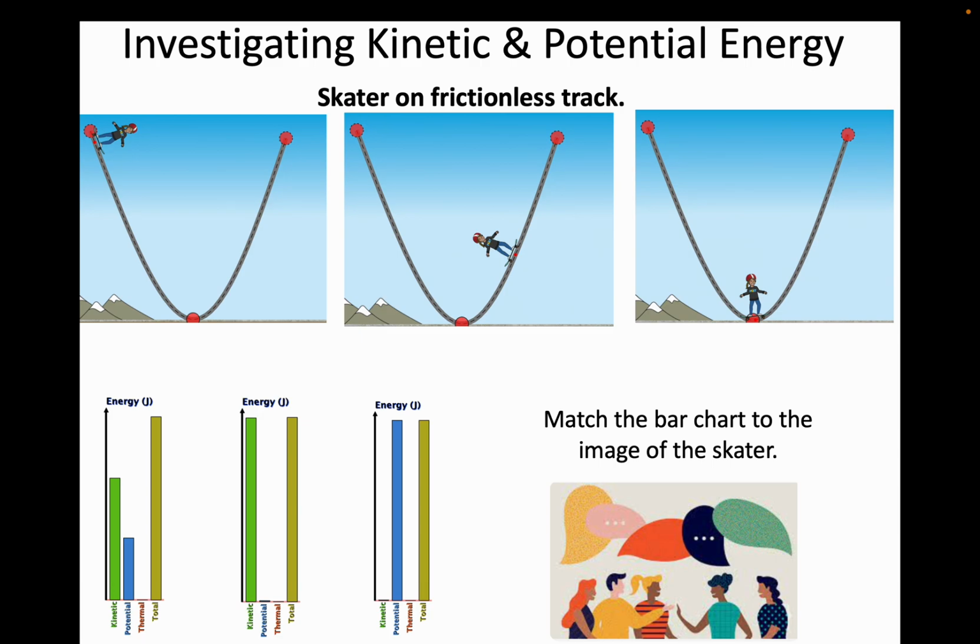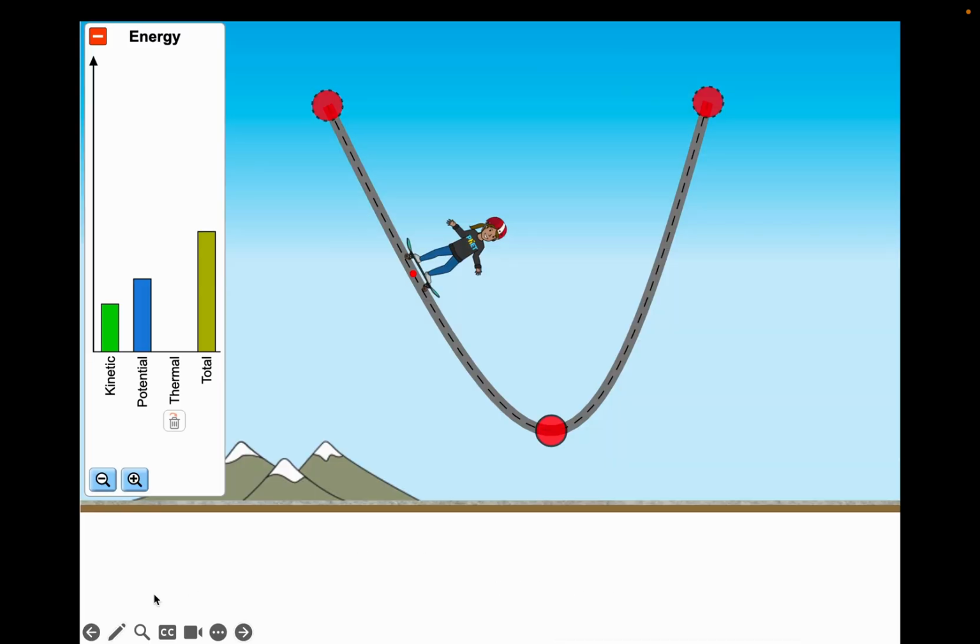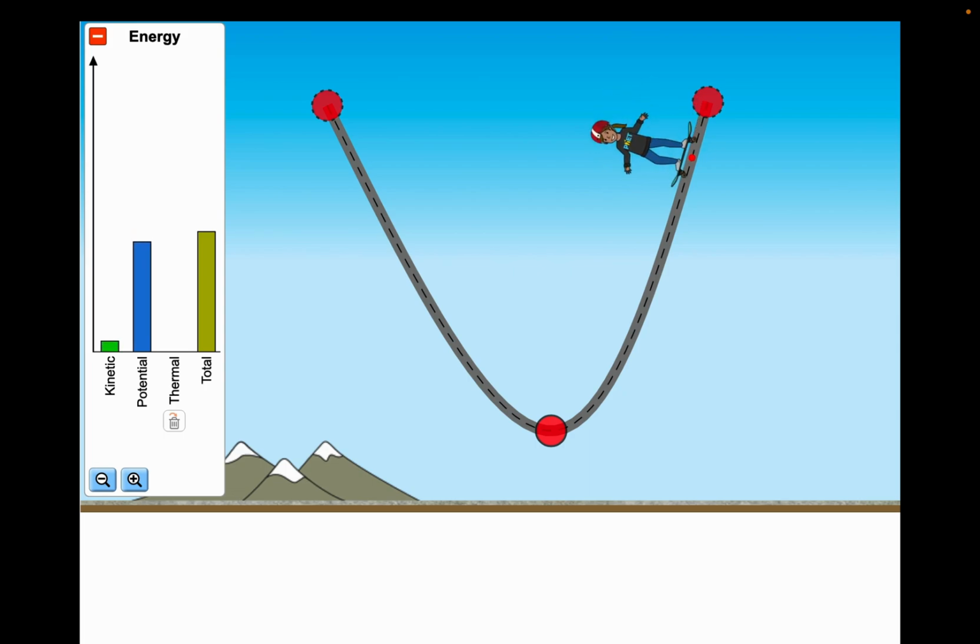So I'm going to show a little video, and along the way, talk to a classmate. Your goal, again, is to make sense of the position of the skater. What does it mean in terms of kinetic energy? What does it mean in terms of potential energy? Here's our skater. Look at the position, the motion, kinetic energy, potential energy.